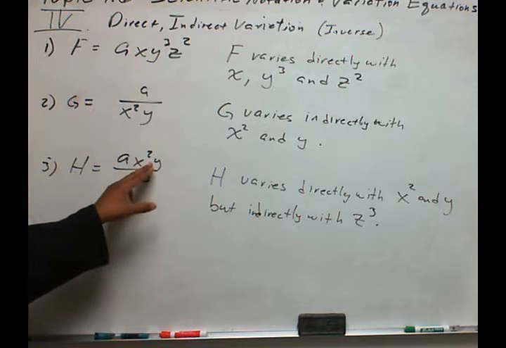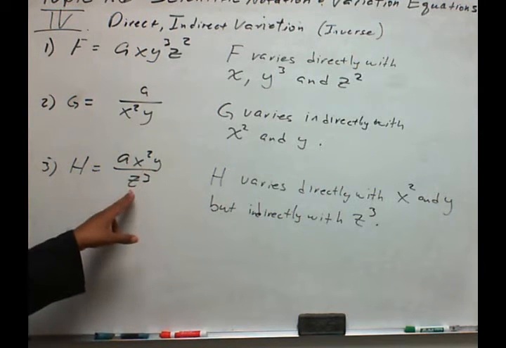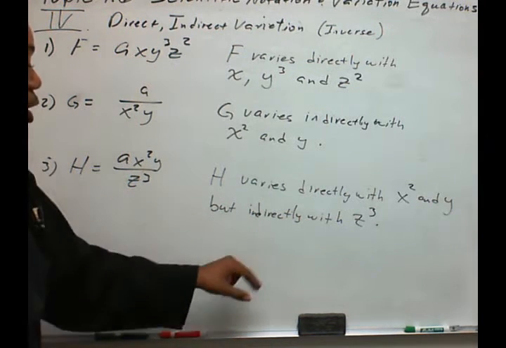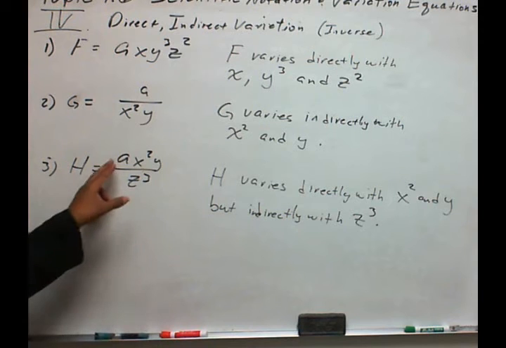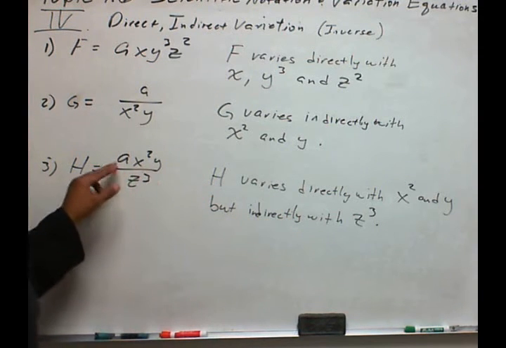So since these are in the numerator, it varies directly with X squared and Y. Z is in the denominator, so it varies inversely with that one. And again, we must include a constant. Even though the language does not speak of a constant, the constant must be represented.